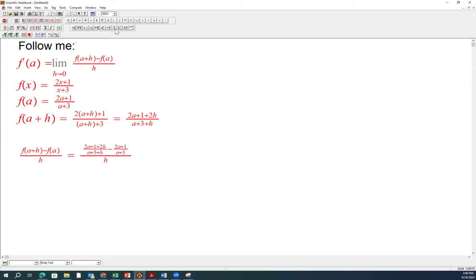You can treat it as a complex fraction, or you can also write it this way: 1 over h multiplying the whole of the numerator. Or you can use parentheses, doesn't matter, same thing, but you must have parentheses or brackets.